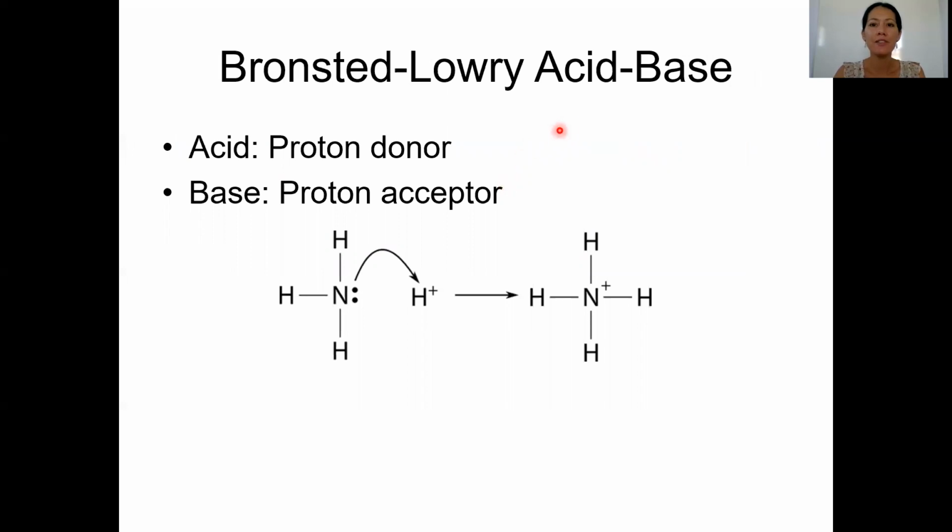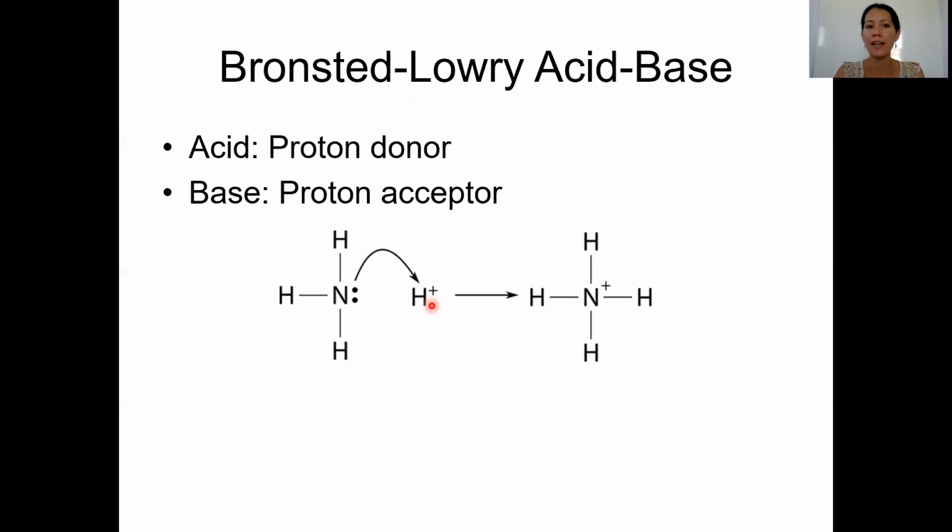And the last slide for this section is talking about a different type of acid and base combination. And this explains why ammonia is considered a base. In this Bronsted-Lowry definition, an acid is just something that gives up a proton. A base is a guy that accepts it.